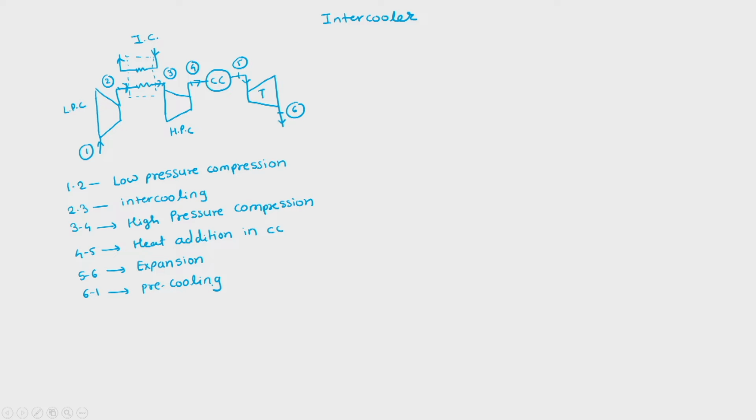Having done this, like last time, we will try to draw the TS and PV diagram for the intercooling based Brayton cycle.